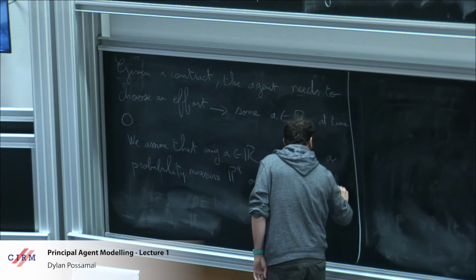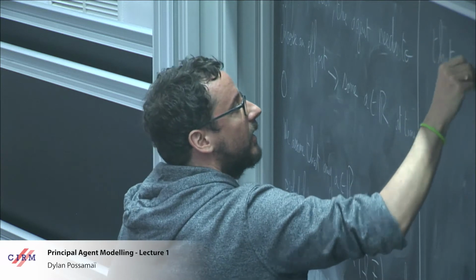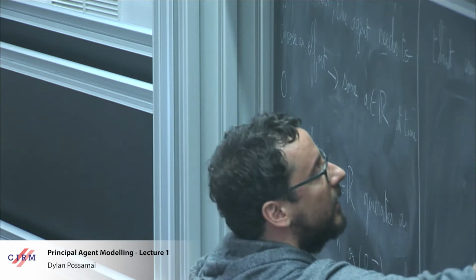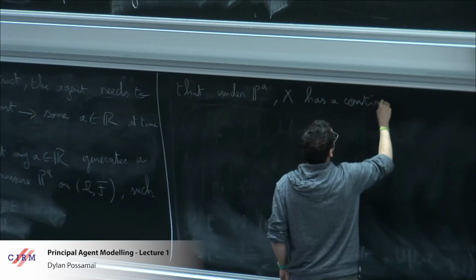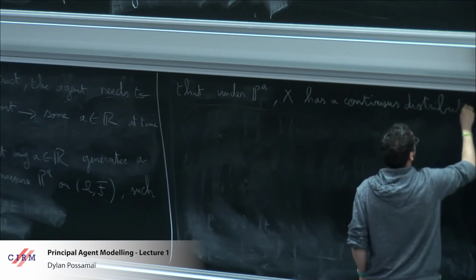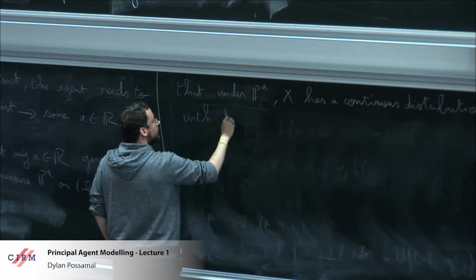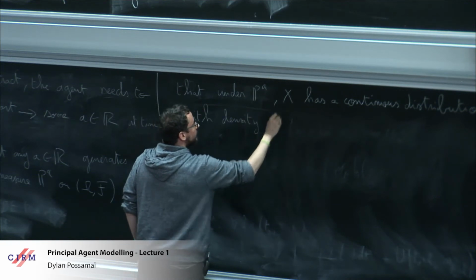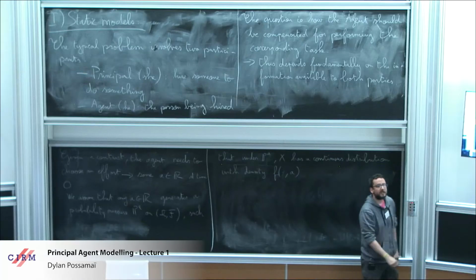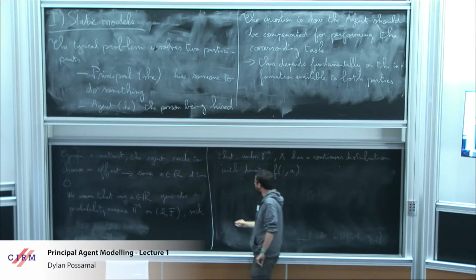And the assumption here in the simplest versions of the model is that under P^A, x is going to have a continuous distribution with density some f that depends on A. So let me give you an example so that you see a little bit clearly what I mean there.